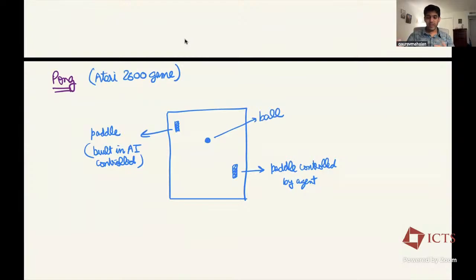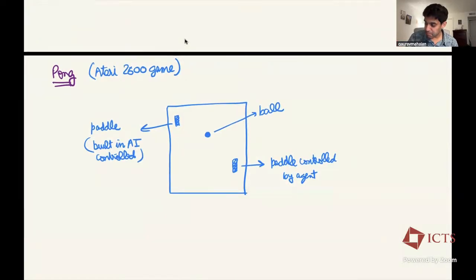It's like ping pong. The ball is moving, it goes to the left-hand side. The AI will basically push it towards you. The goal is to not let it cross your side of the screen.